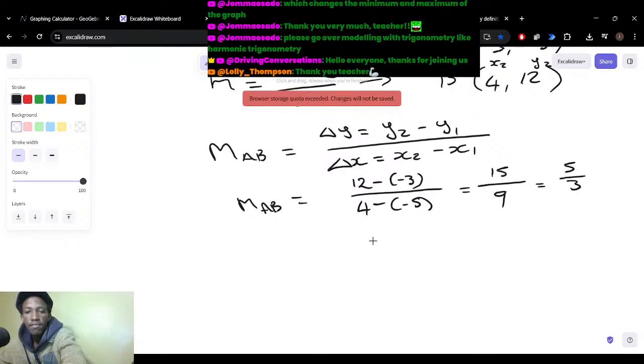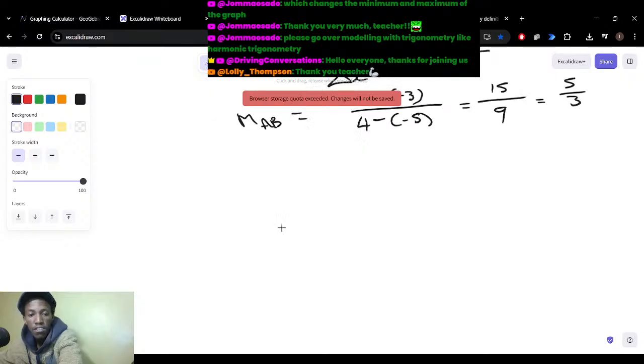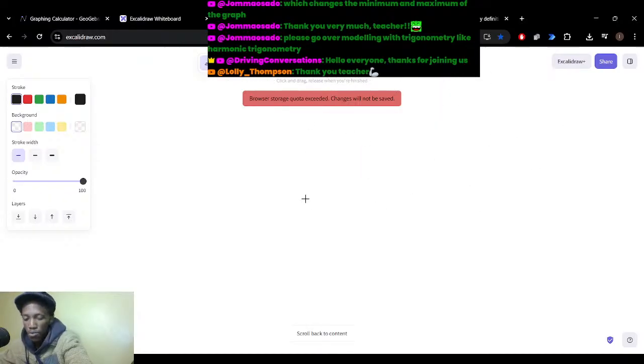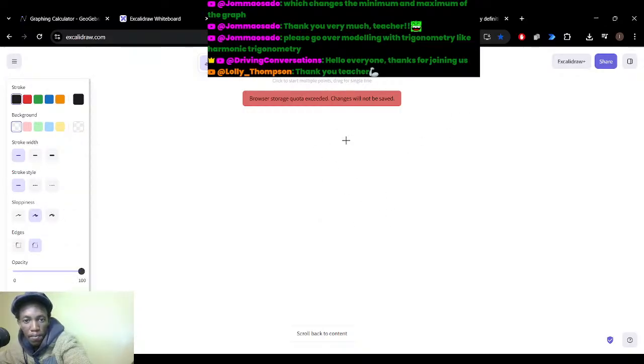But is this the only way we can use to calculate the gradient of a line? It turns out, no, this is not the only way. So what other way can you use to calculate a gradient? Okay, I'll just show you. I'm going to draw a Cartesian plane.